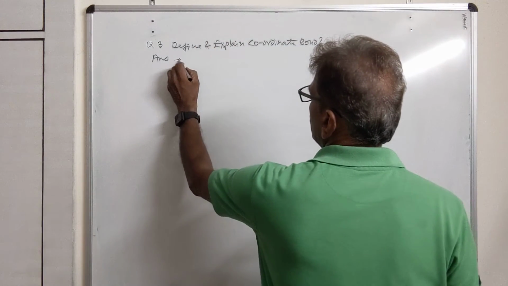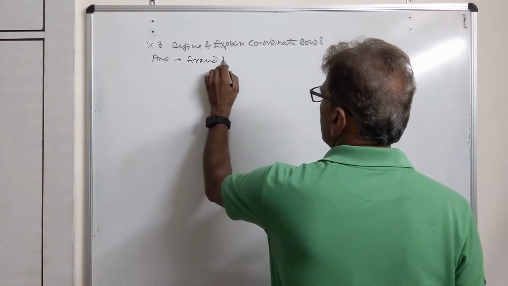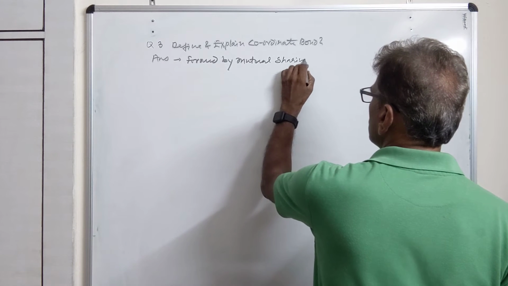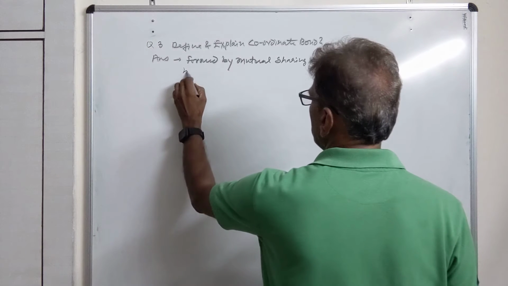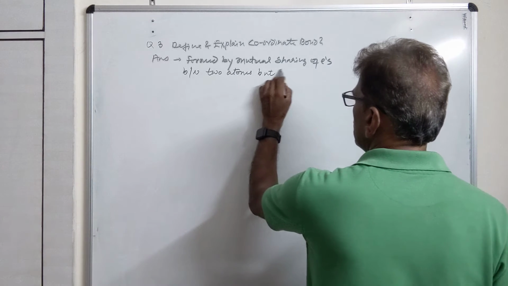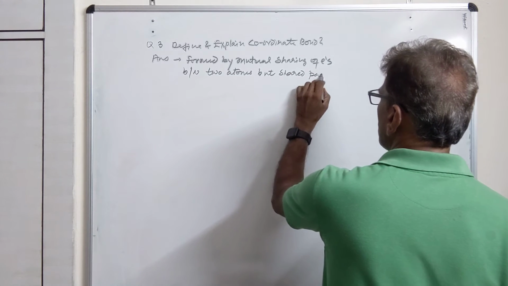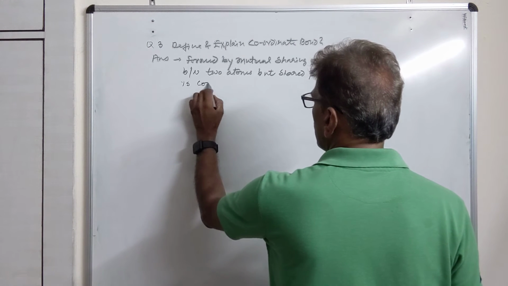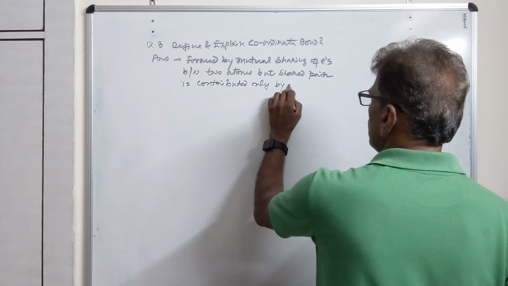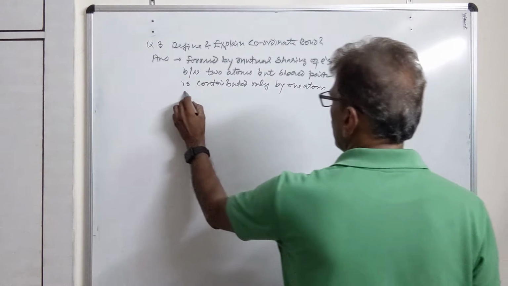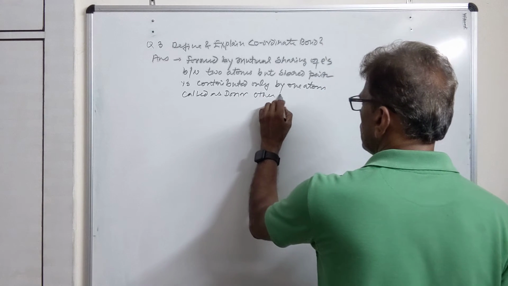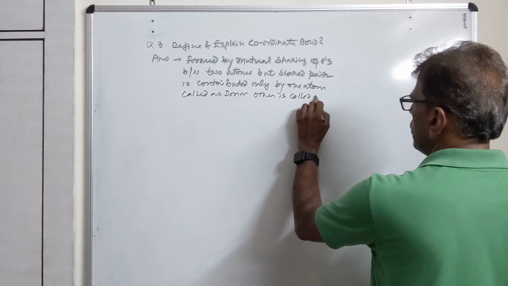So coordinate bond is formed by mutual sharing of electrons between two atoms, but the shared pair is contributed only by one atom, called the donor. The other is called the acceptor.